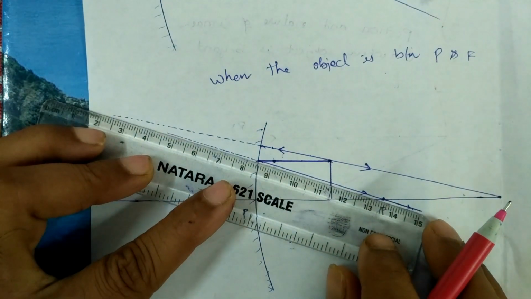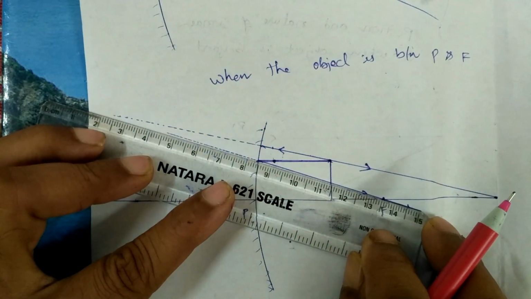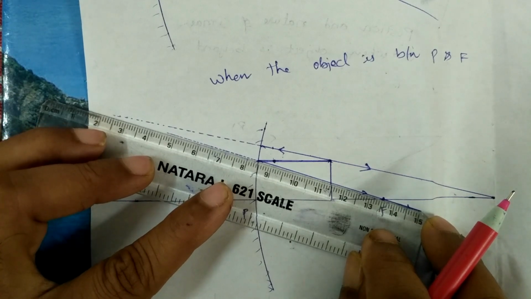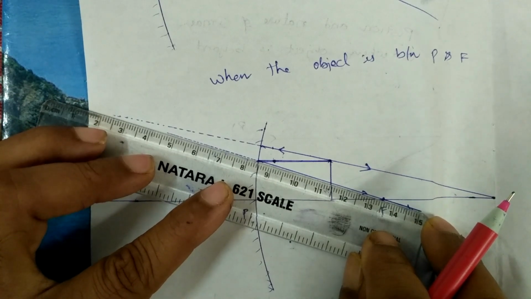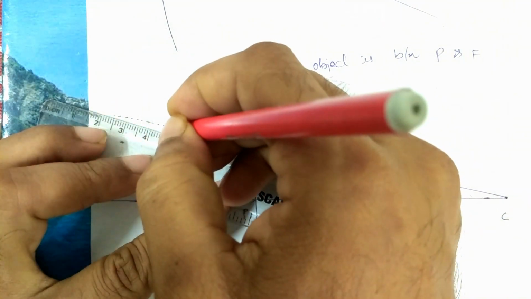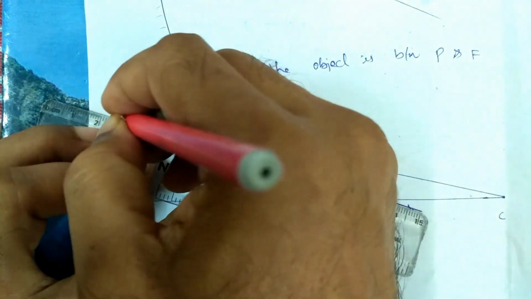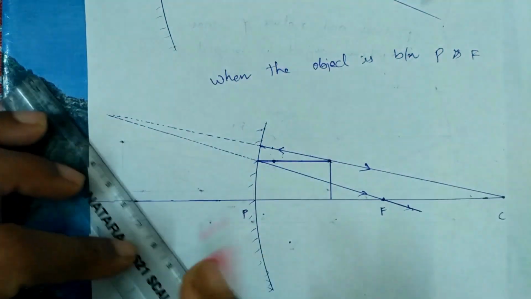That is why I have taken an object of 1.5 centimeters. If we had taken 2 centimeters, it would again be difficult. They would not have met on the paper. I need to extend the paper actually. Right.